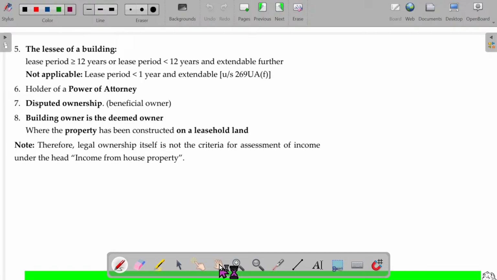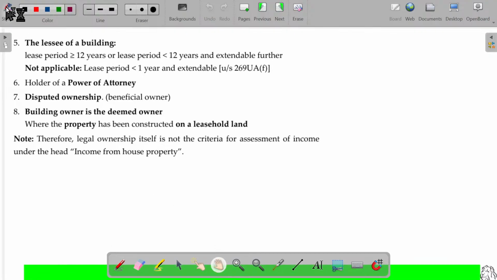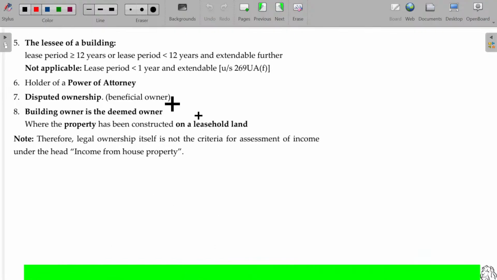Now, lessee of a building, Mr. A, Mr. B. Mr. B gives the residential house property to A. Not let out, not sale, but lease.